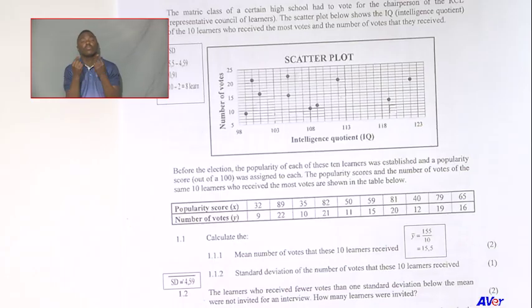And if they ask you that, then you've got to find the midpoint of the interval, and then you've got to find the frequency. So the midpoint times the frequency gives you fx, the frequency times the midpoint. And then you can use the formula to work out the average of that.